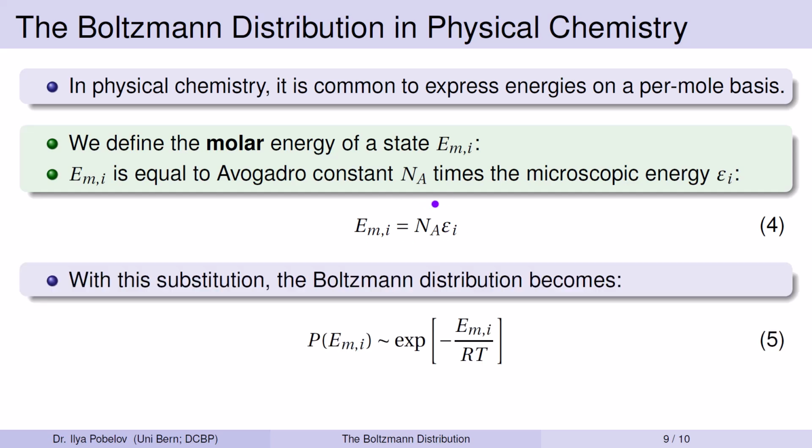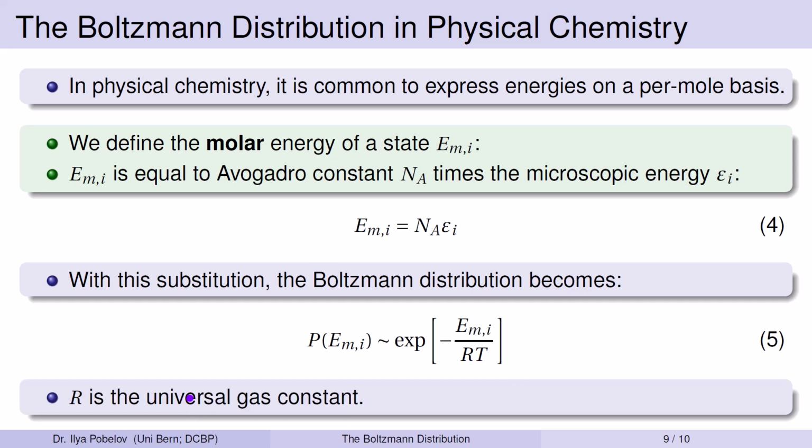With this substitution, the Boltzmann distribution becomes: the probability that a particle in a system at temperature T has molar energy E_m,i is proportional to the exponential of minus E_m,i divided by R times T, where R is the universal gas constant.